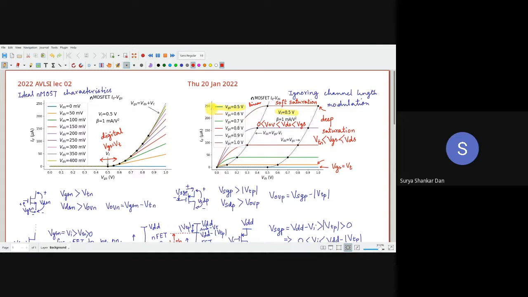I am only concerned about making it logic 0 or logic 1. So I will bias it here, and your current will be minimum. It is probably working at 10 microamperes instead of 250. Power will be reduced. Yes or no?